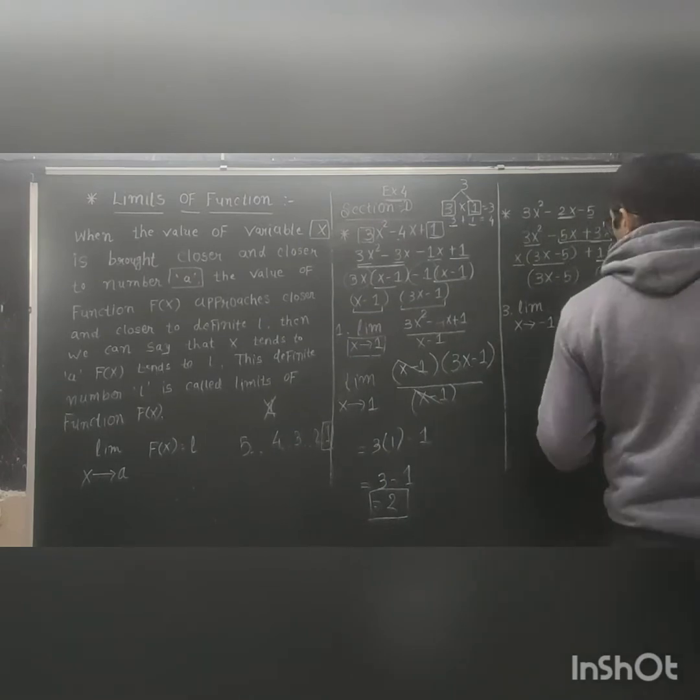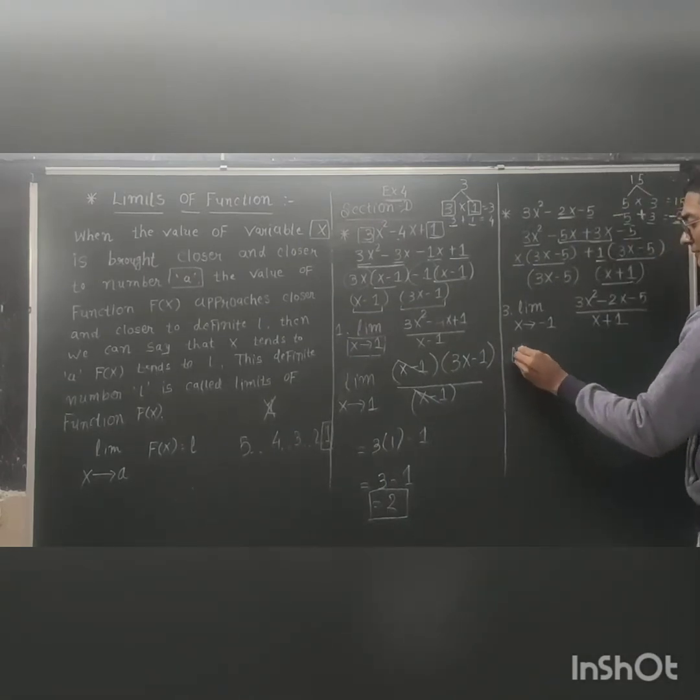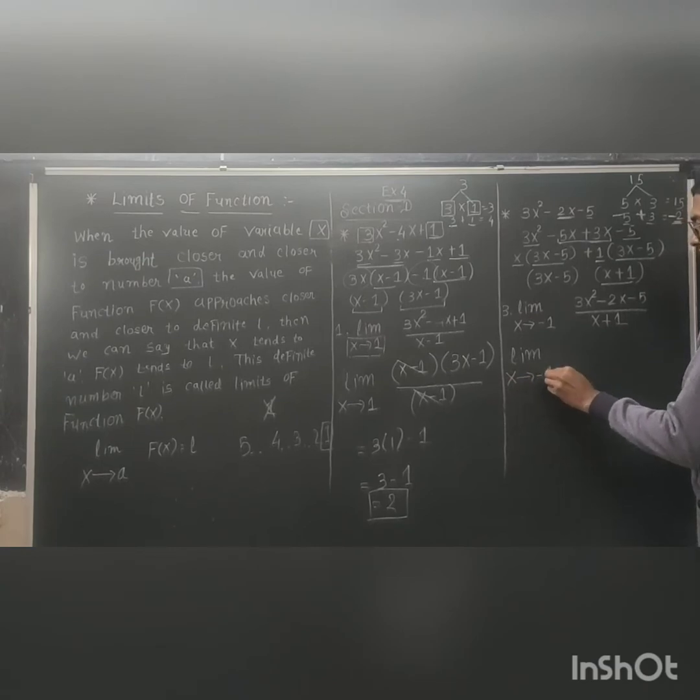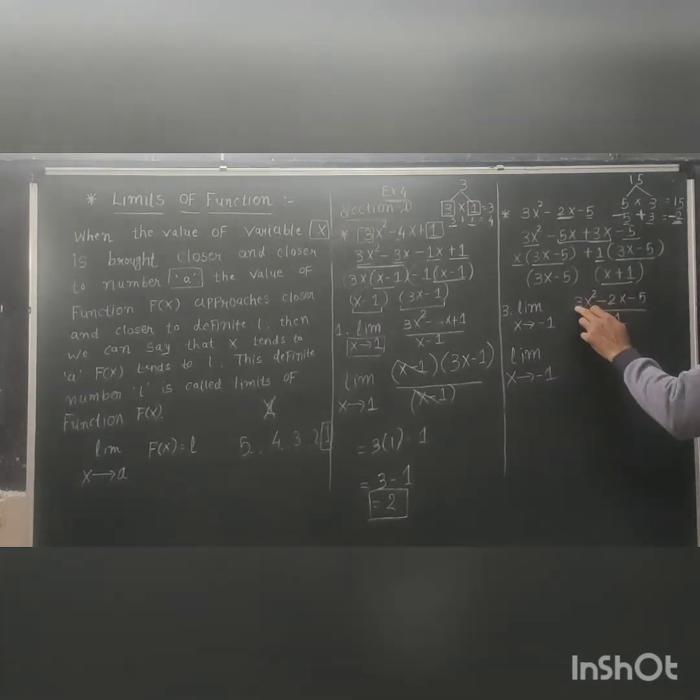Now limit x tends to minus 1. Instead of 3x square minus 2x minus 5, we can put 3x minus 5 and x plus 1, divided by x plus 1.